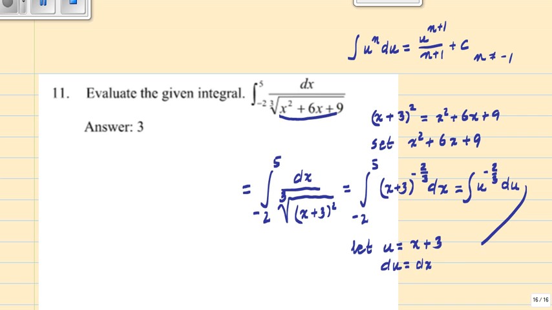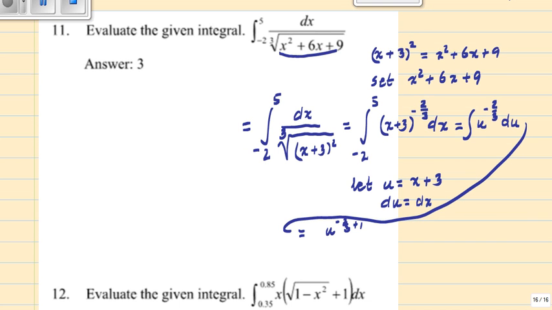and that is equal to u to the power of minus 2/3 plus 1 divided by minus 2/3 plus 1, and then plus c, substitute back.